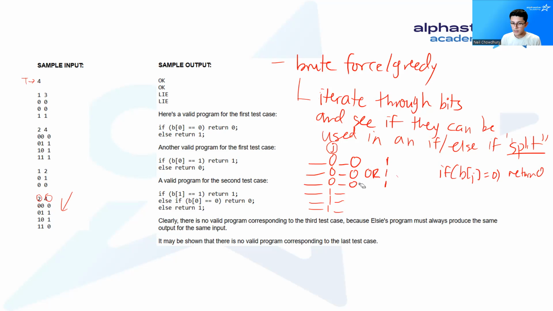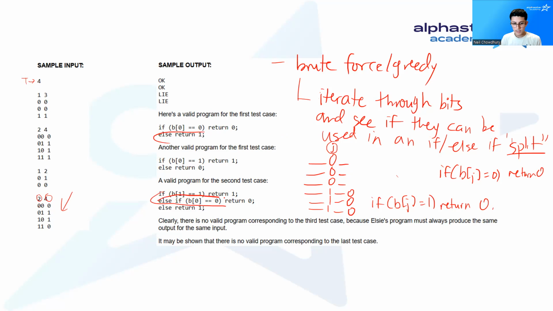We could do something similar if, for example, all the bj's are 1. So maybe these are all zeros, and then it would be something like if bj equals 1, return 0. So that's how it would work for the very first if statement. And I also claim that these splits are things that you can see for these nested else and else if statements.